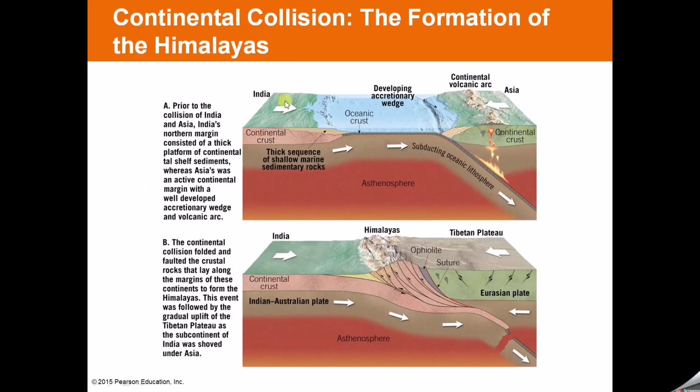So we have the Indian continent here on the left and the Asian continent on the right. This oceanic crust, and this continental crust and continental crust. There used to be a subduction zone here in between.